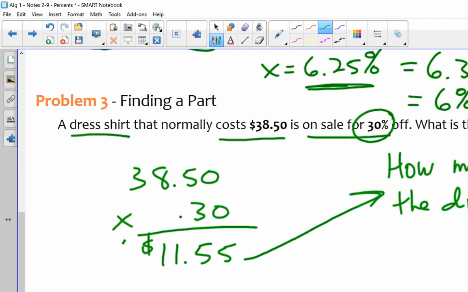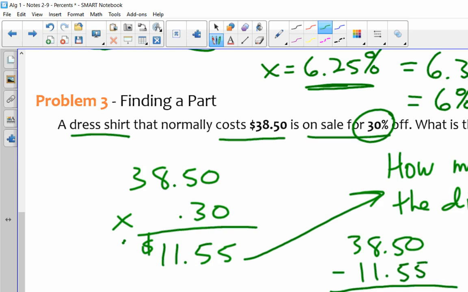So I have to take the regular price and subtract the amount that we found as the discount. Okay, so we're going to do that. And that's going to be the sale price.